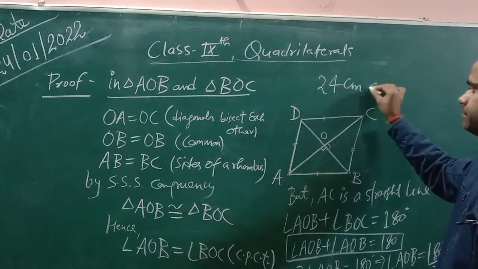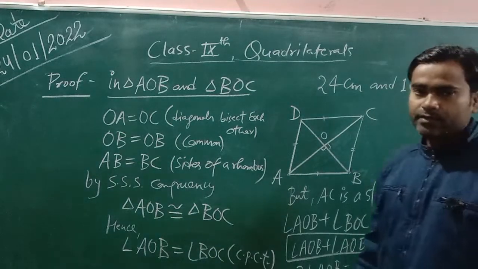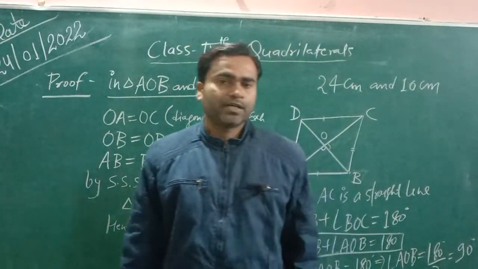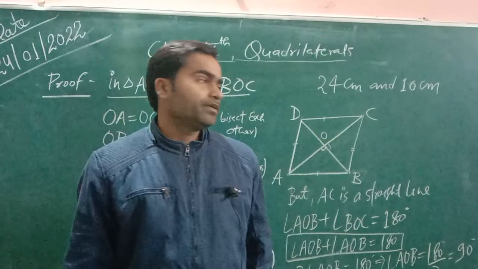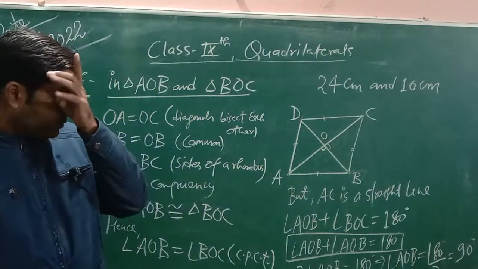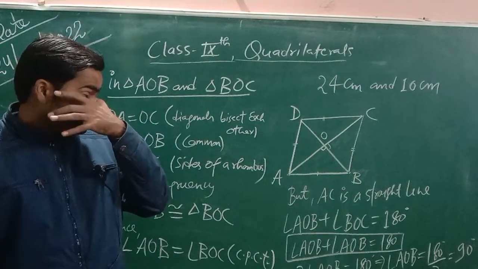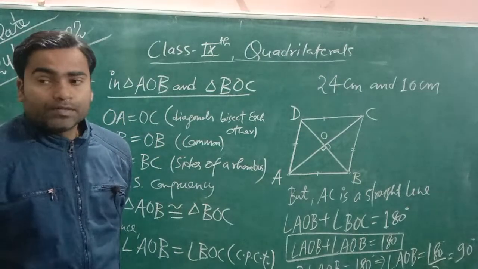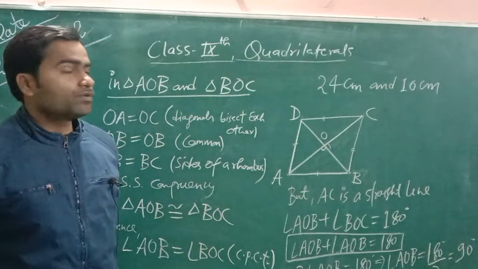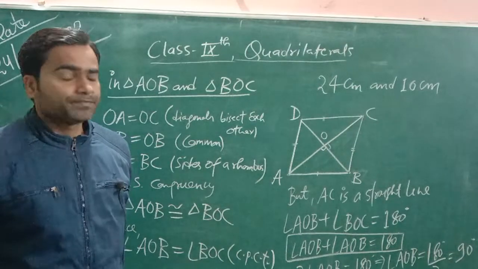Find the area and perimeter of the rhombus. The diagonals of the rhombus are 24 cm and 10 cm. You have to find the area and perimeter of the rhombus.